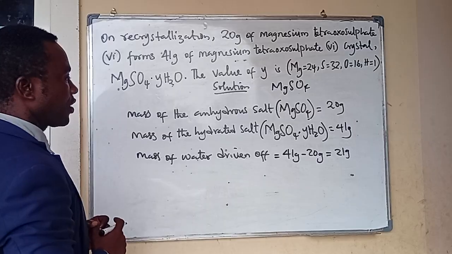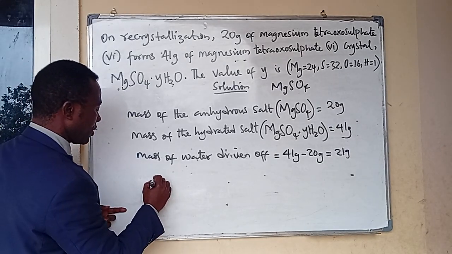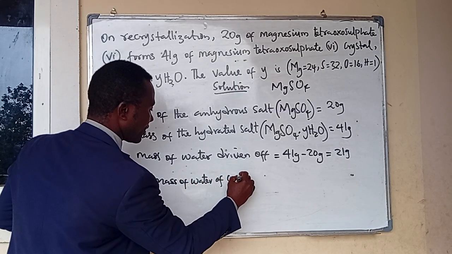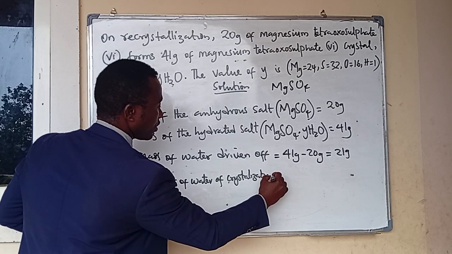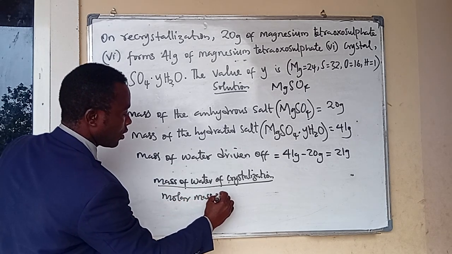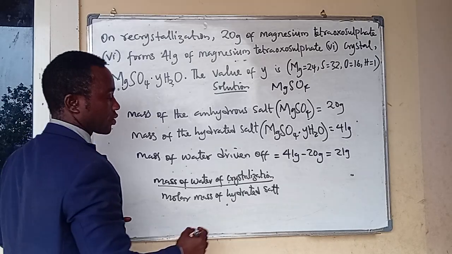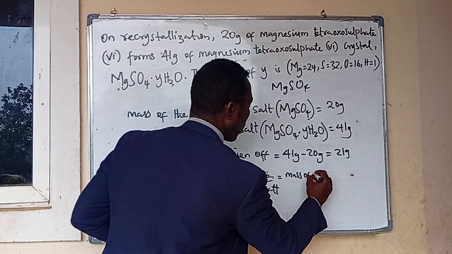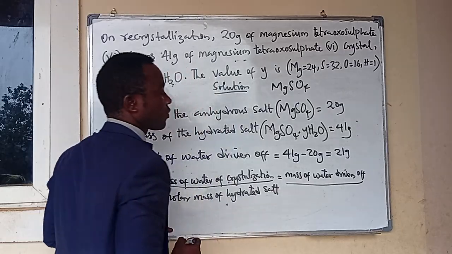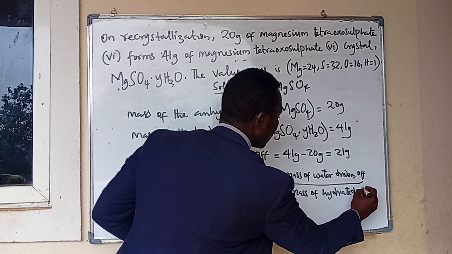Now, having gotten this, if you want to solve to get our Y, the formula I gave was: the mass of water of crystallization divided by the molar mass of hydrated salt will be equal to the mass of water driven off divided by the mass of hydrated salt.